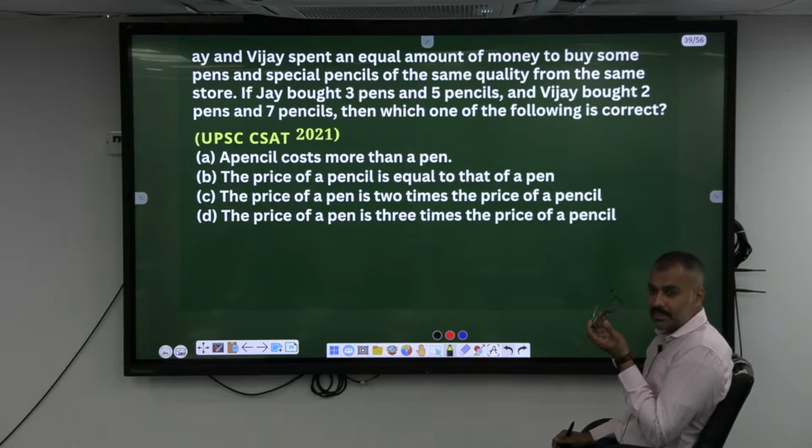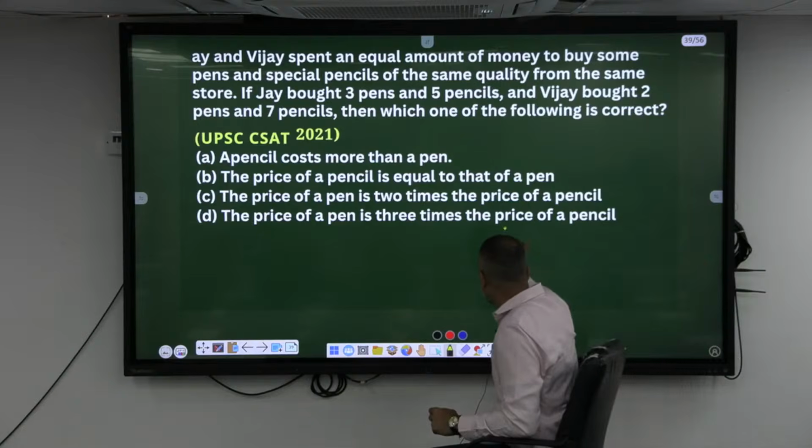This is called shifting method. They had the same money, right? Ajay and Vijay.